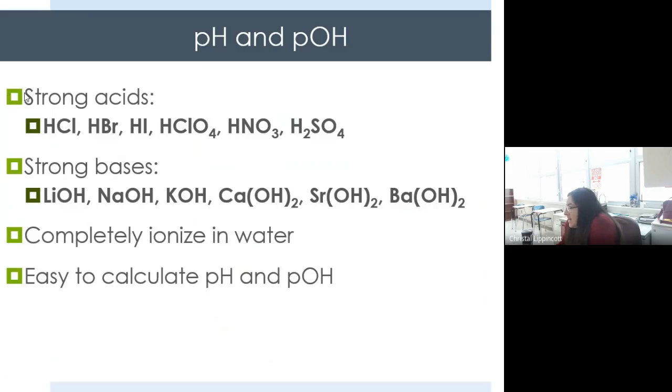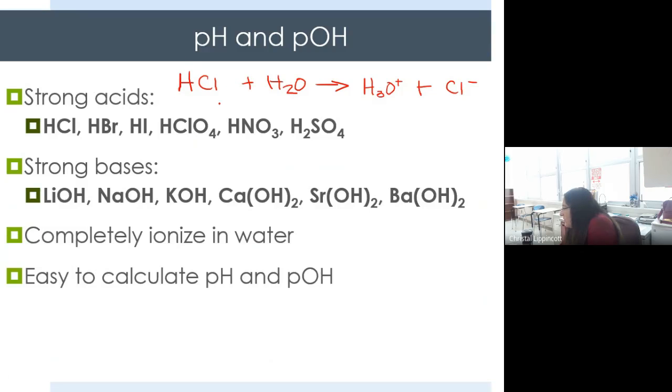The idea behind these being strong acids or strong bases is that they're going to ionize completely in water. So what does that mean? That means that if I put hydrochloric acid in water, this hydrogen is going to form H3O plus and the Cl minus ion.